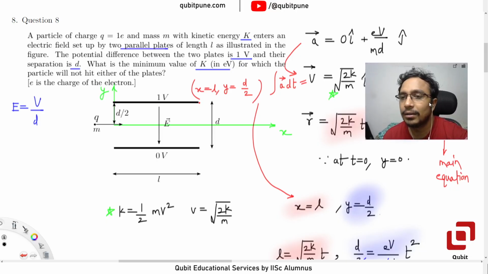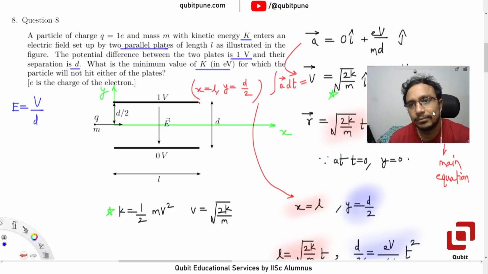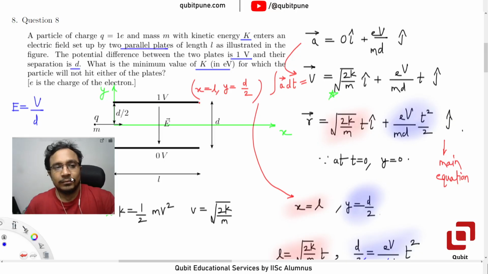Slightly, it's more or less the same, but a slightly shorter approach. Sure. So I did the same thing. So I found the acceleration first, and then I considered the edge case, where it just passes through one of the corners of the plates. And for that case, I wrote the S equals ut plus half at square equation for the vertical part.